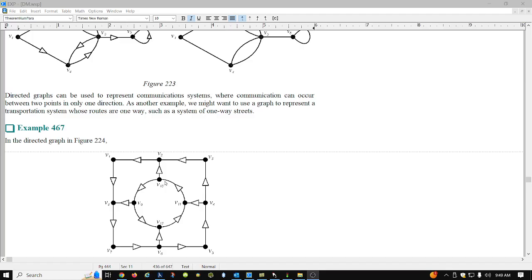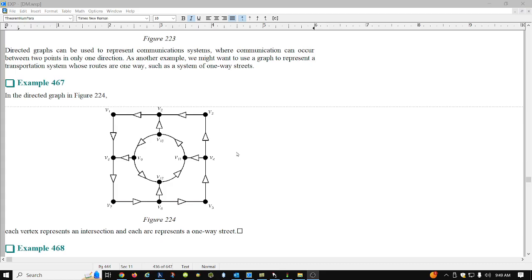For example, if you look at this graph, the vertices could be the intersections. This could be a road map, and all the streets are one-way streets. Some cities have a lot of one-way streets in them, so this kind of directed graph would be useful for urban planning and things like that.